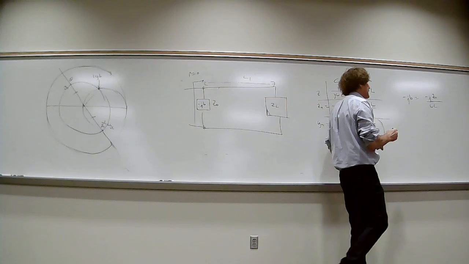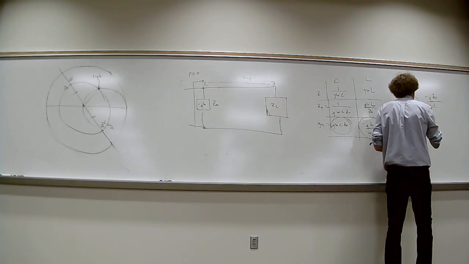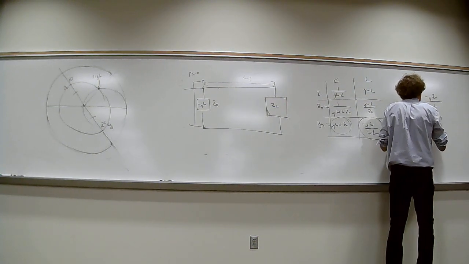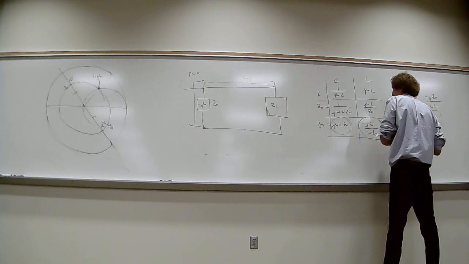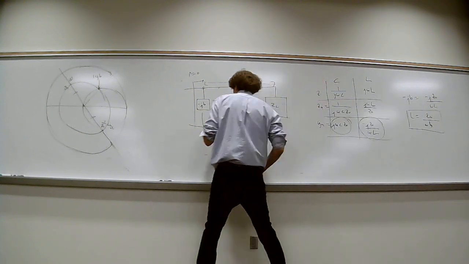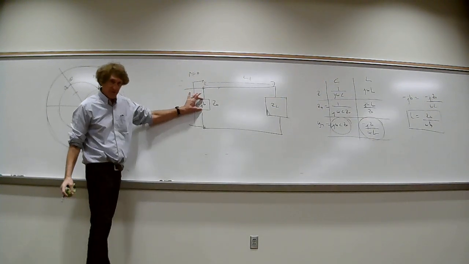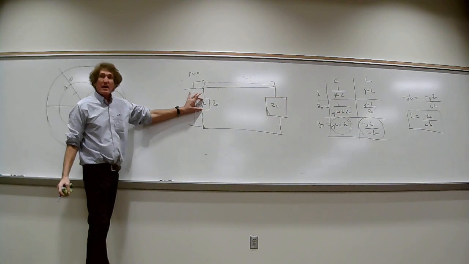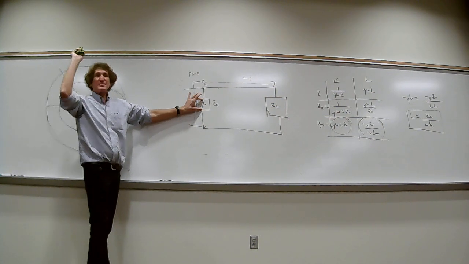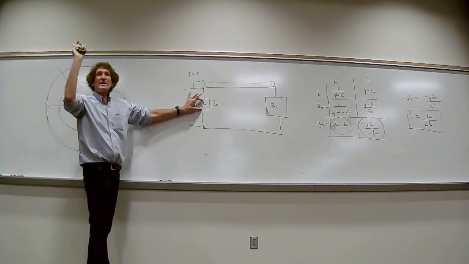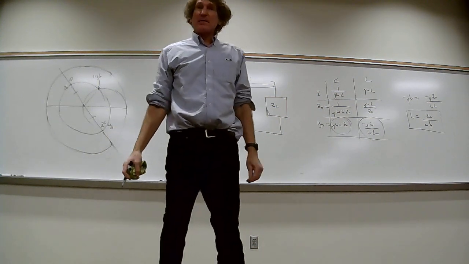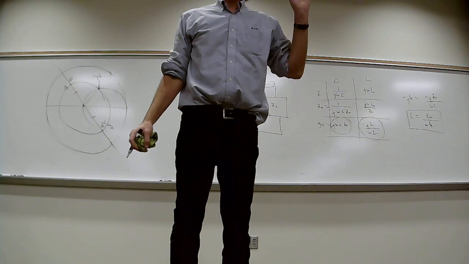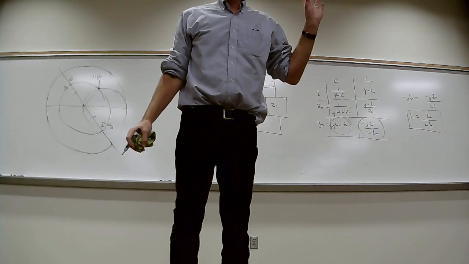And you can also see that L itself becomes simply equal to Z naught over omega B. That would be if you were impedance matching with an inductor, and it would be in parallel, so it's in the admittance domain, right? I know there's a lot to think about. Really, the thing you think about is if you're in the admittance domain, things are in parallel. If you're in the impedance domain, things are in series. Keep that in mind, you'll be fine, okay?